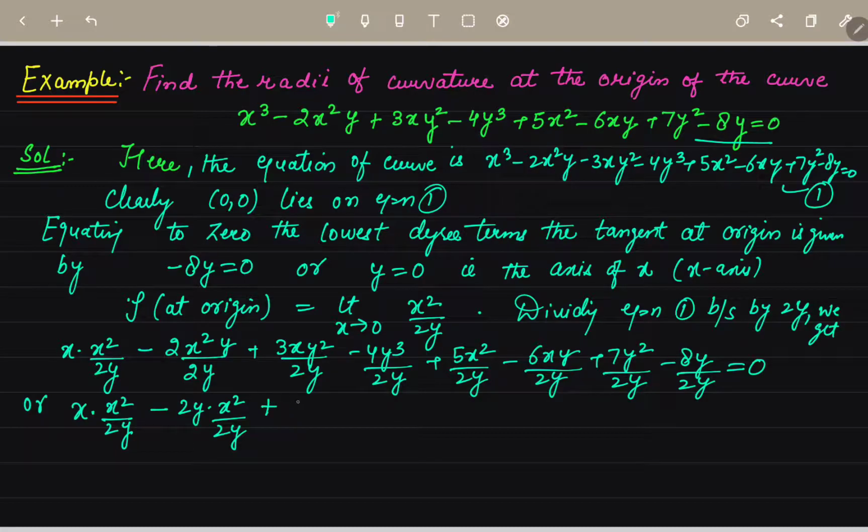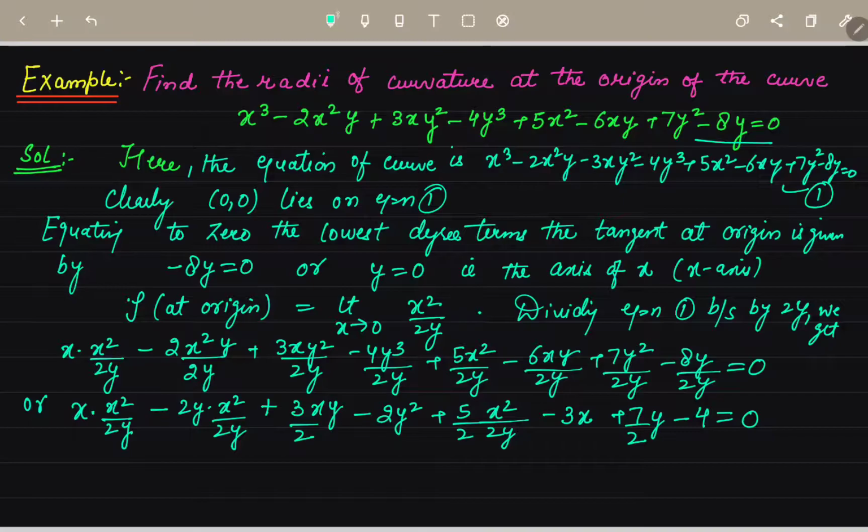So next term, 3 into y gets cancelled, 3 into xy divided by 2. Similarly simplifying this, we get 2 into y square. Next term is 5 by 2 into x square by 2y. Similarly minus 3 into x, and next term will be 7 by 2 into y, and last term will be 4, and this is equal to 0.